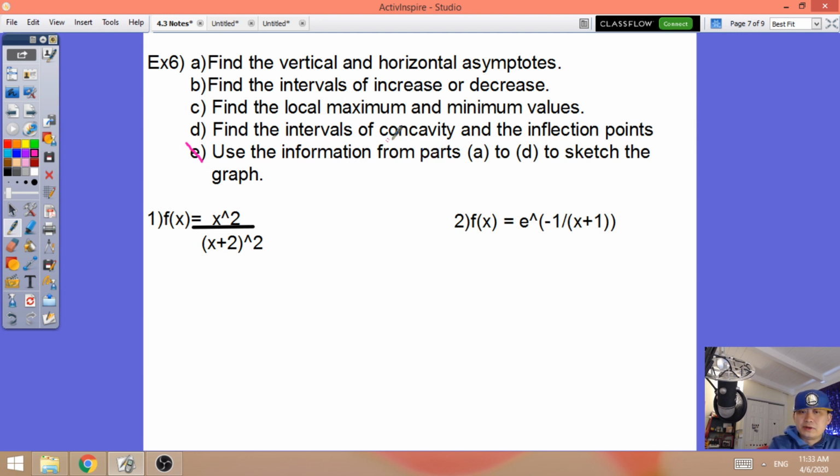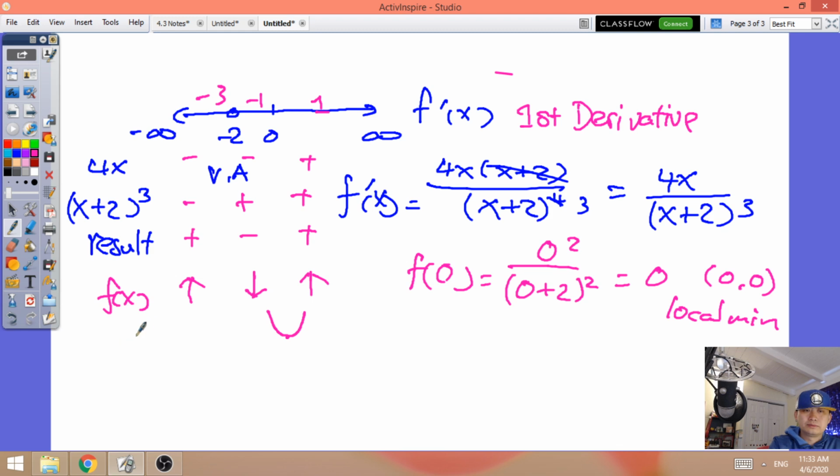So find the interval of the concavity and the point of inflection. Okay, so that means, guess what? More work. Second derivative. So for first derivative, that's what we got. So from here, use the quotient rule again. So we do have 4 times x plus 2, quantity to the power of 3, minus derivative of the bottom part.